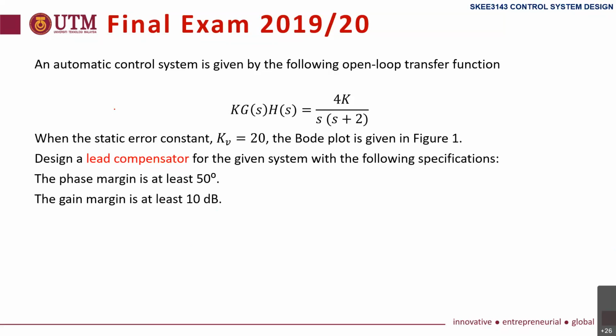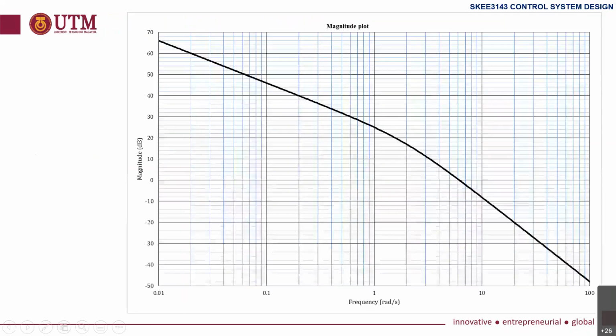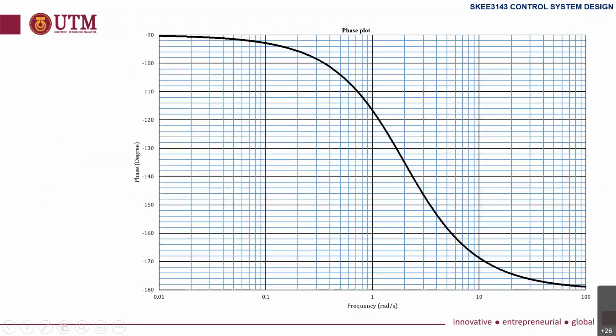It's mentioned here, a control system is given by the following open loop transfer function. When the static velocity error constant Kv is 20, the Bode plot is given in the figure. This is the magnitude and also the phase of the system.